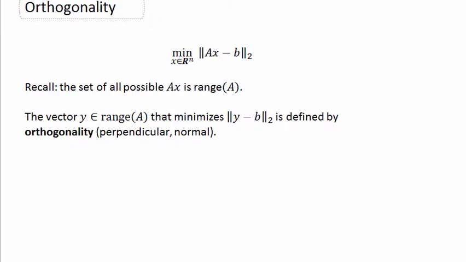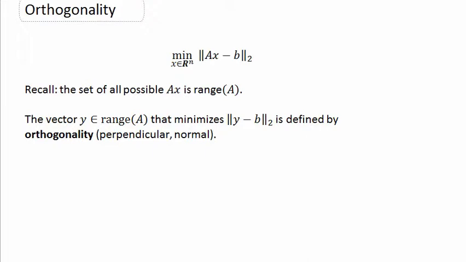The set of all possible vectors Ax, or all possible linear combinations of columns of A, is called the range of A, or many times this will be called the column space. It's the same thing.